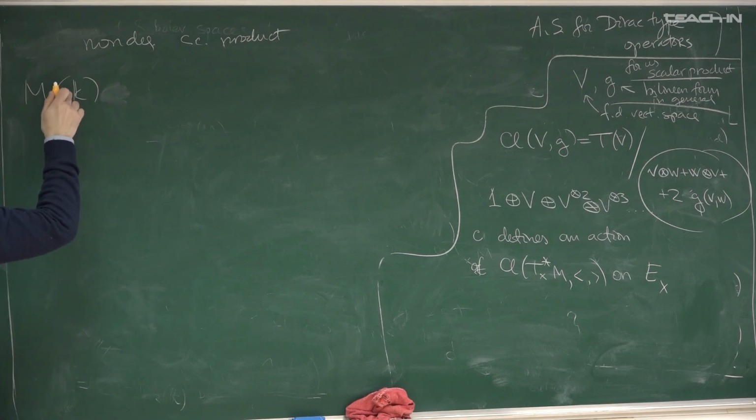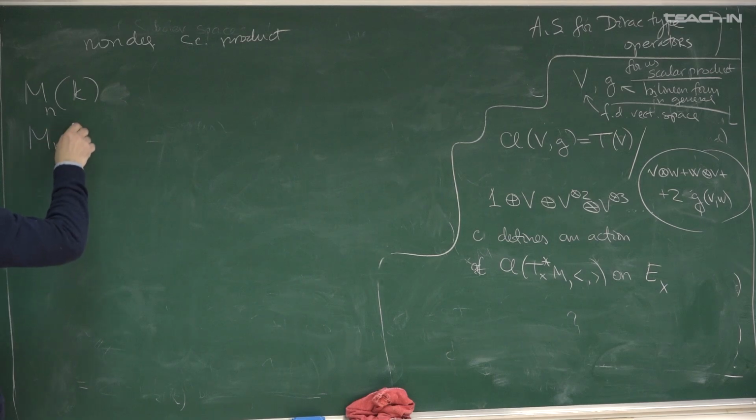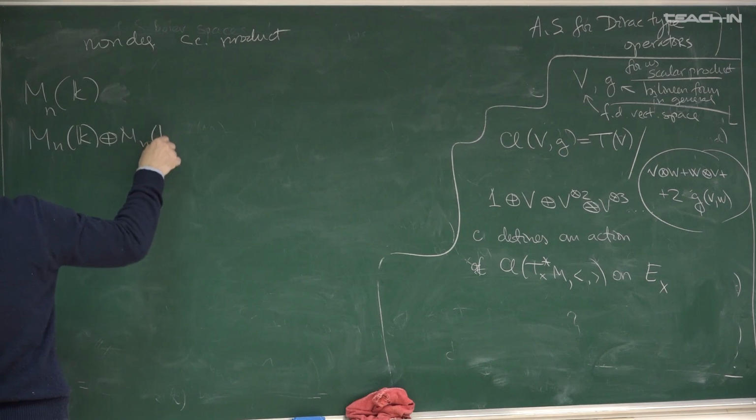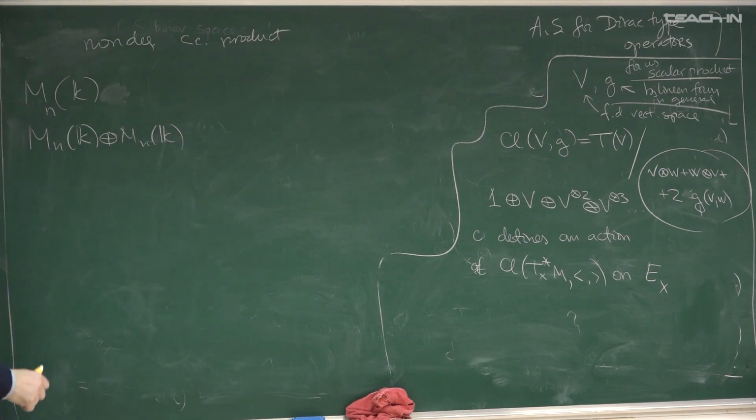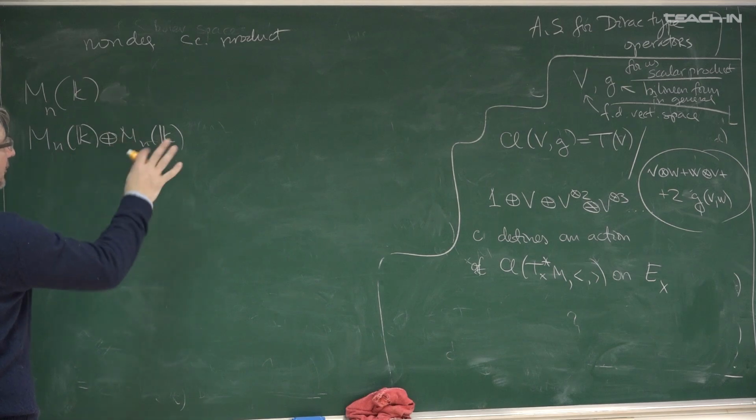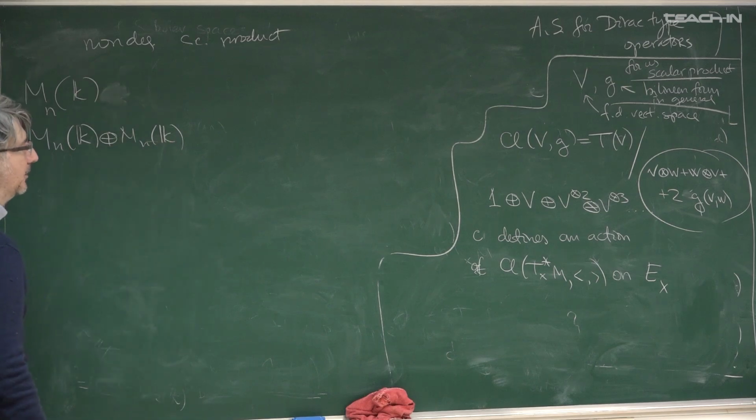So this can be real numbers, complex numbers, or quaternions, or maybe a direct sum of two of these. So it's a more or less familiar object, and it exhibits a kind of periodicity 8 for the real case and periodicity 2 for the complex case.